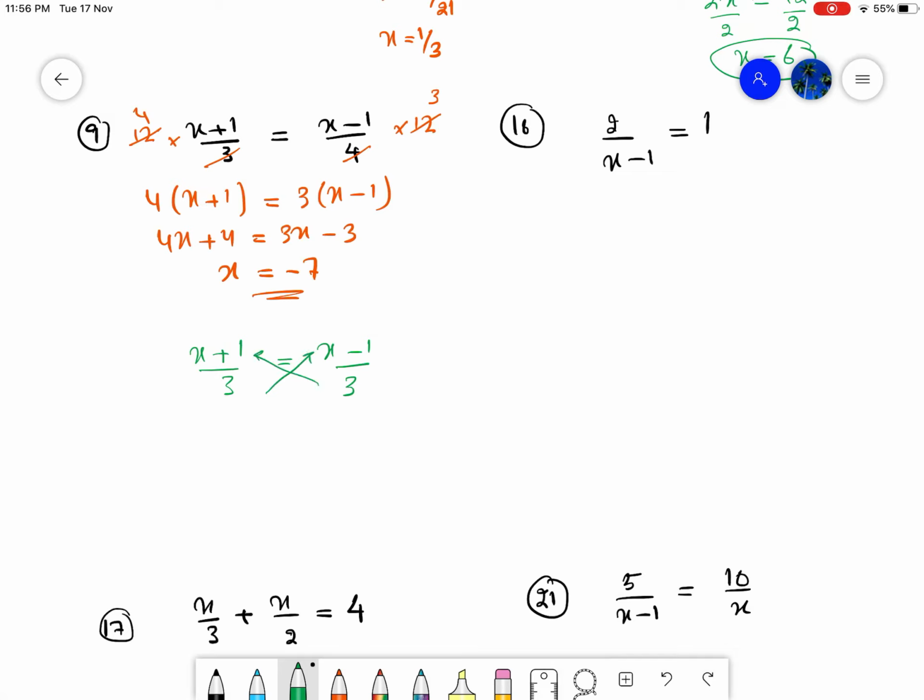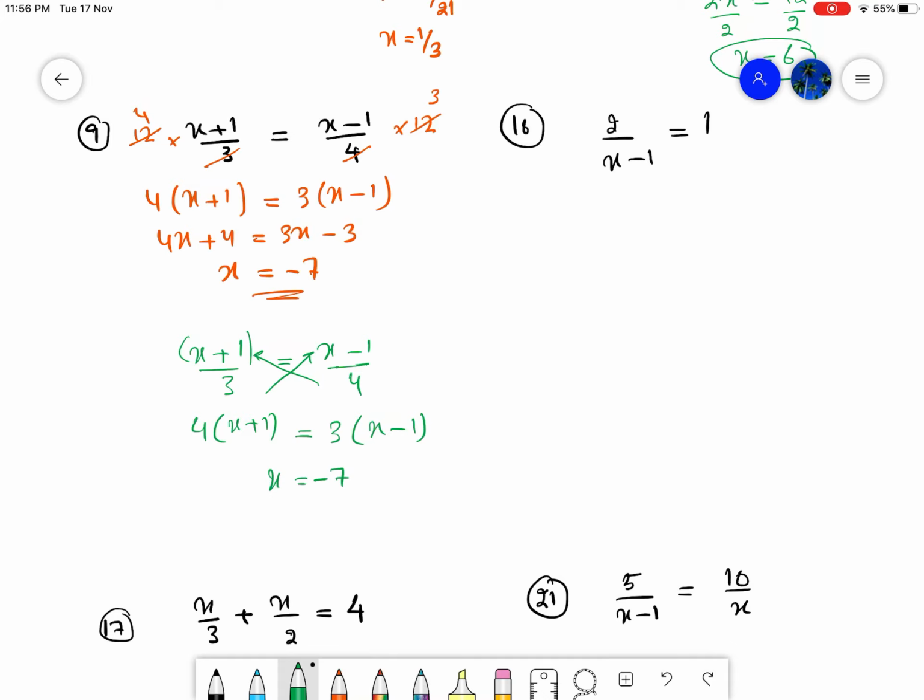So 4 multiplied by x plus 1 is equal to 3 multiplied by x minus 1. Open the brackets and you can see that again you will get x is equal to minus 7 as your final answer.